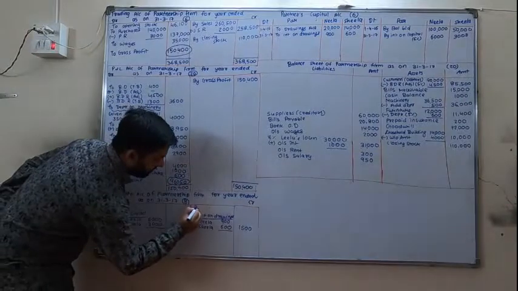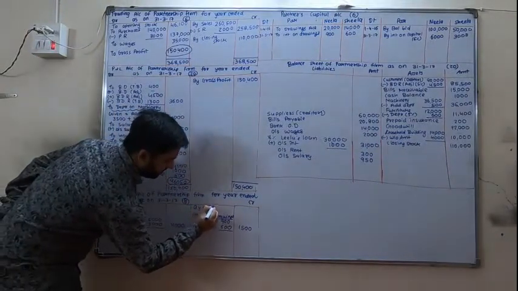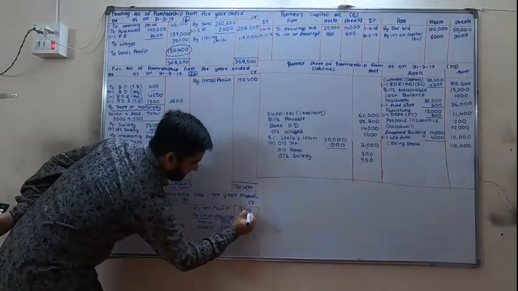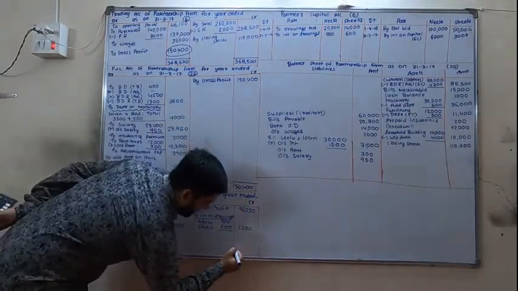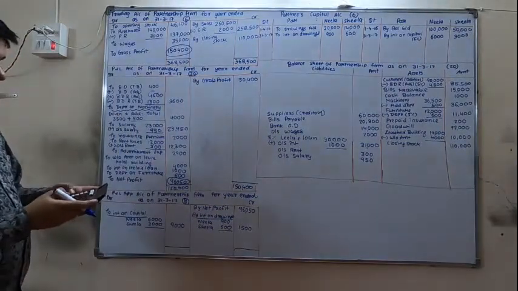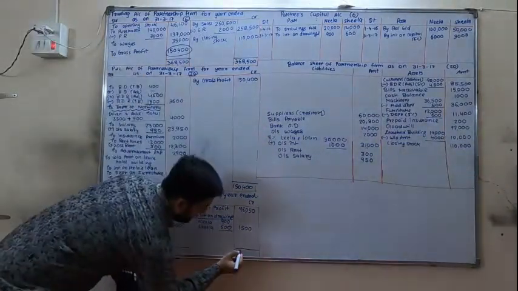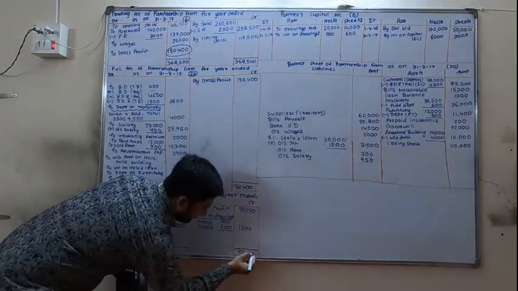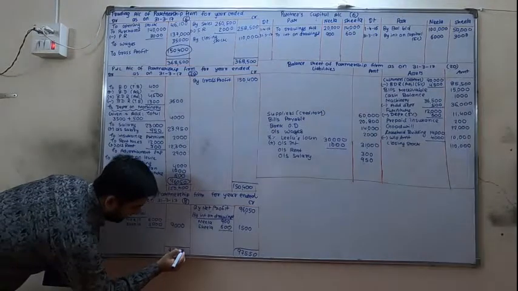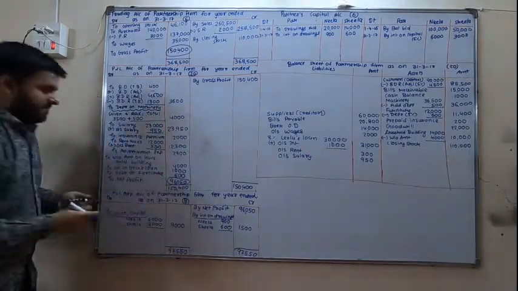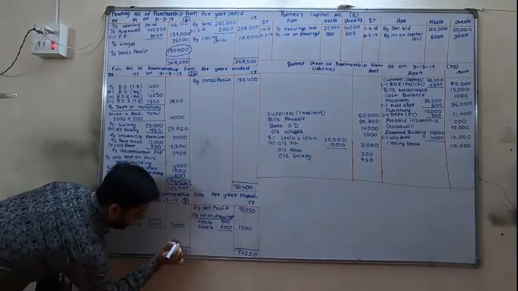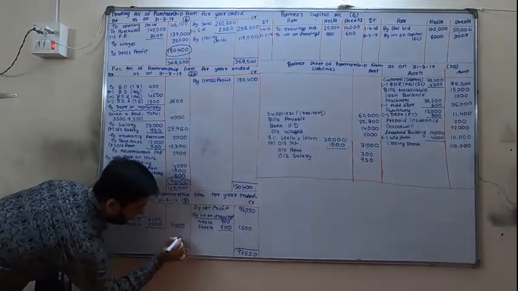Now we are crediting here by net profit 96,050. Now we are taking the total. 96,050 plus 1,500, 97,550. 97,550 minus 9,000, 88,550.